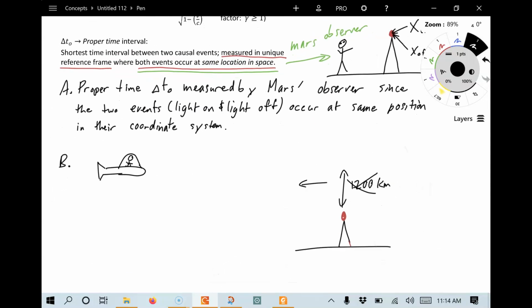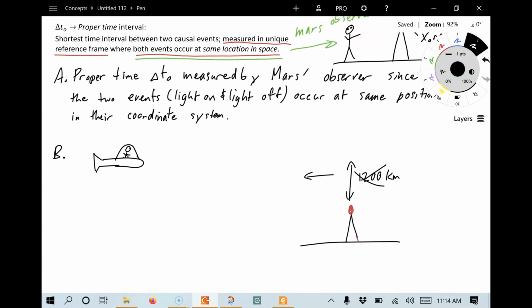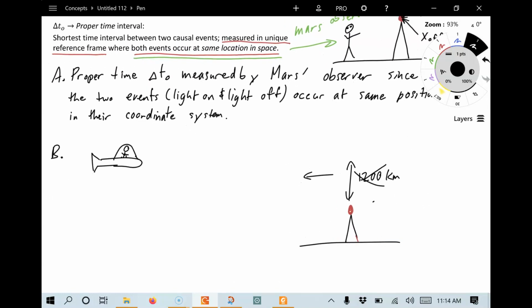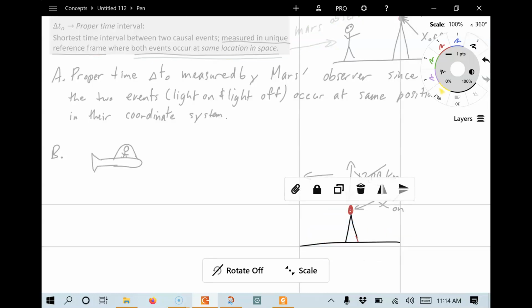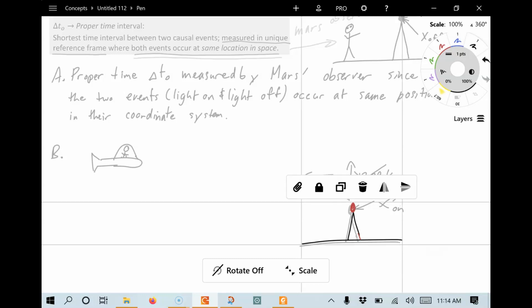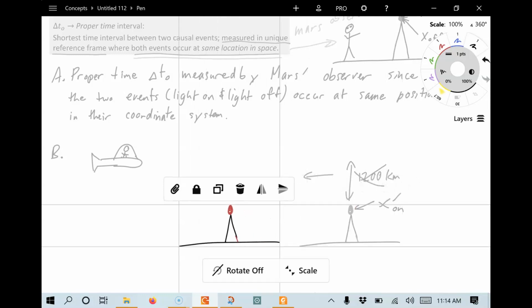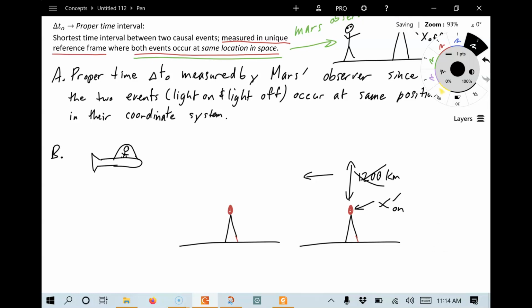Now, for this space shuttle observer, this is the spot we can say for them. I'm going to call it X prime for their coordinate system. This is on. But what happens is the light stays on. This whole thing here is traveling towards the space shuttle, because the space shuttle thinks it's at rest. So we've got this light moving with some velocity in that direction.